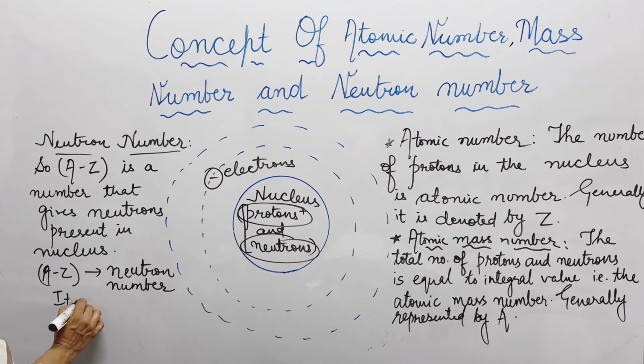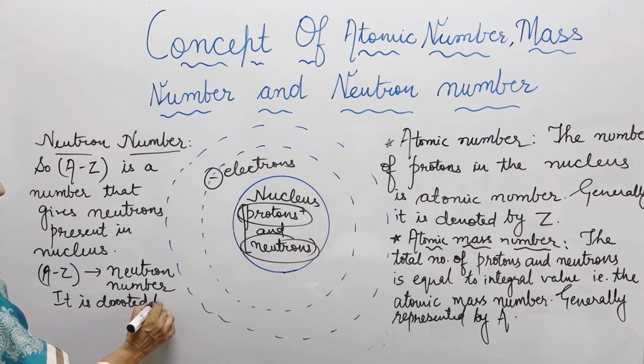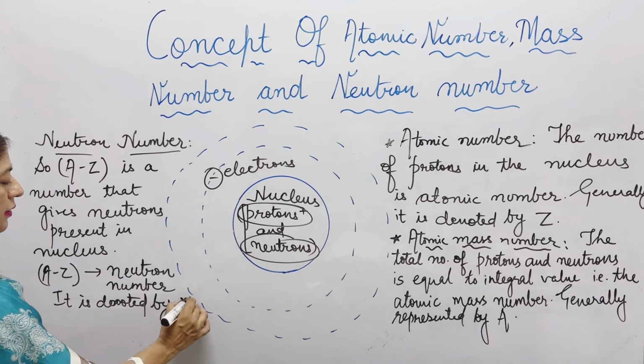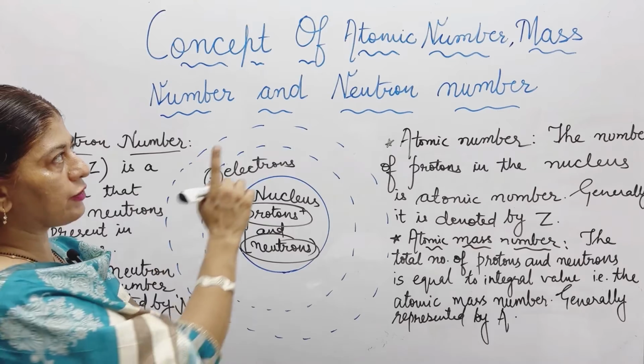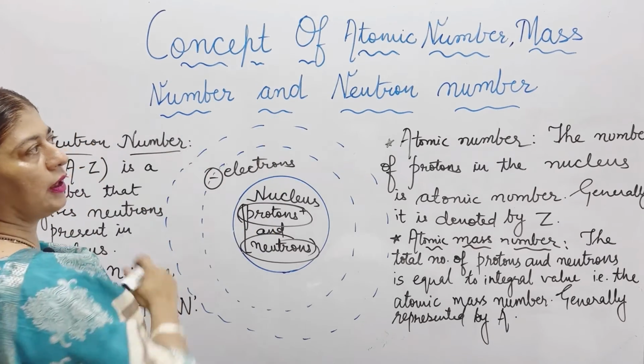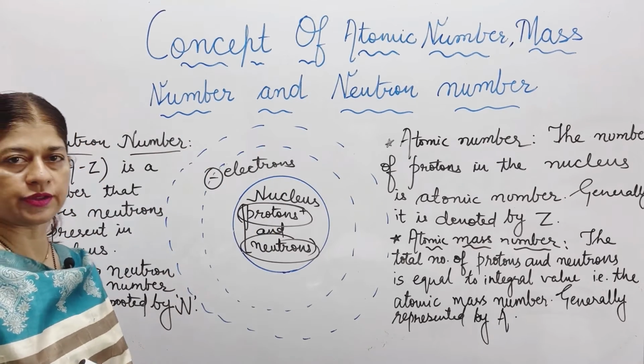It is denoted by N. So we have discussed what the atomic number, mass number, and neutron number are in any atom.